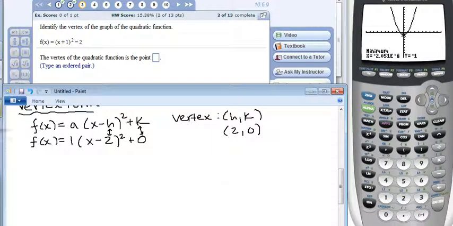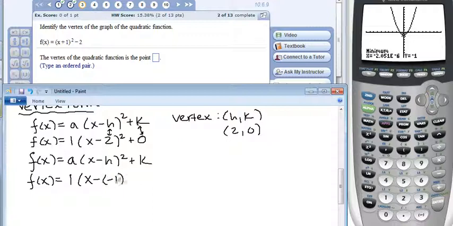All right. Again, I'm going to try to match this. Okay, I'm going to write it again just so I don't have it hanging there. Okay, so I've got that as my standard. Okay, what's my a? My a, again, I have nothing in front, so that's got to be a 1. X minus h. Well, I've got a plus 1, but I can always write down minus a negative.